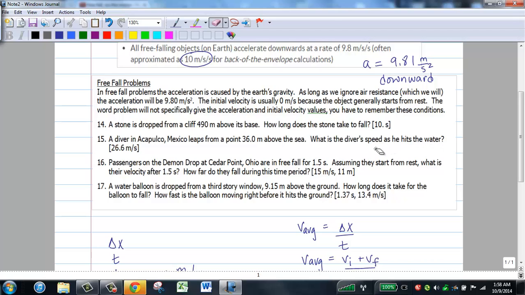You're solving for final velocity there. Or in number 16, assuming they start from rest, what is their velocity after 1.5 seconds? Or in number 17, how fast is the balloon moving right before it hits the ground? So in those problems, you're trying to find the speed, and you can check that out in the 4th video.